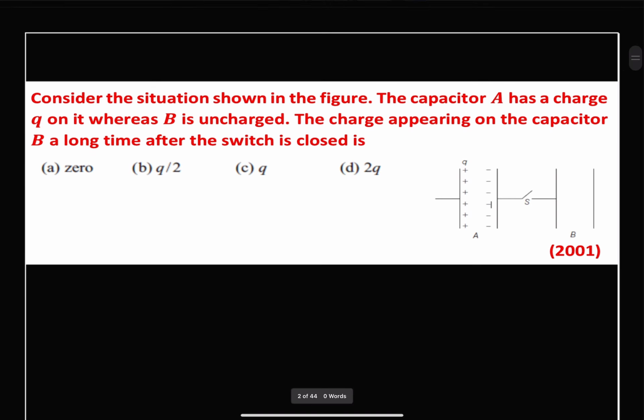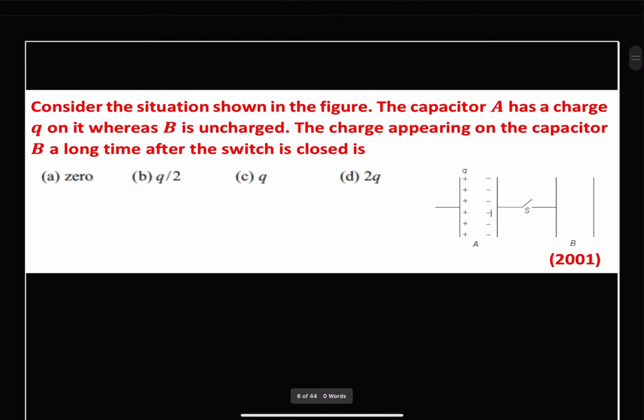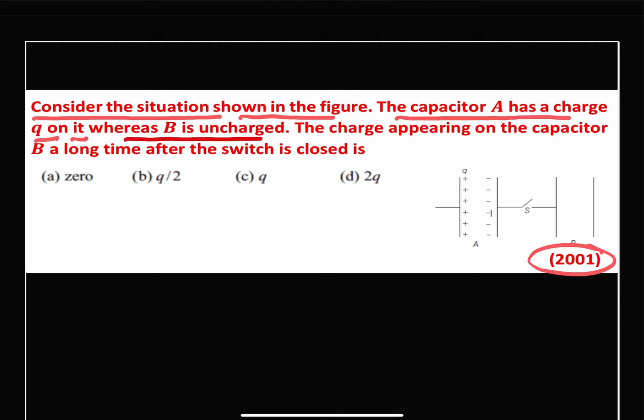Next question. It was asked in the year 2001, and it states that consider the situation shown in the figure. The capacitor A has a charge Q on it, whereas B is uncharged.